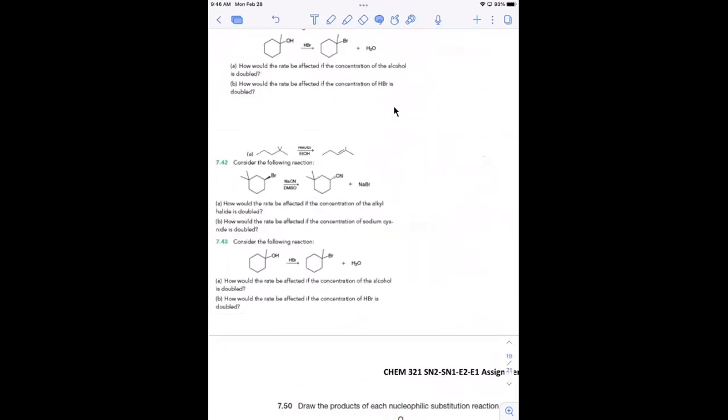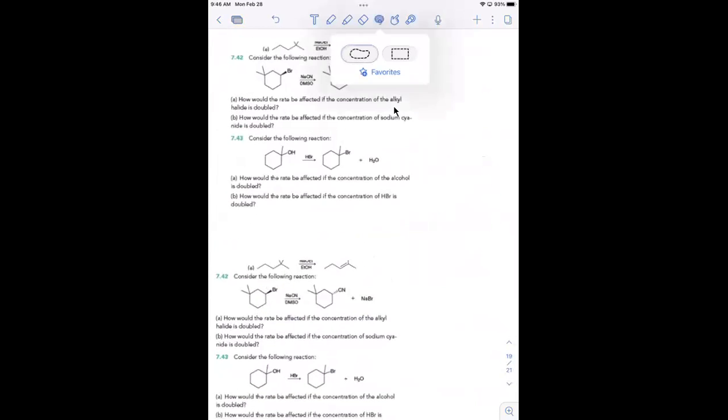Separate them right quick. All right, so let's look at that top one. Let me crop this so I can crop out the bottom.